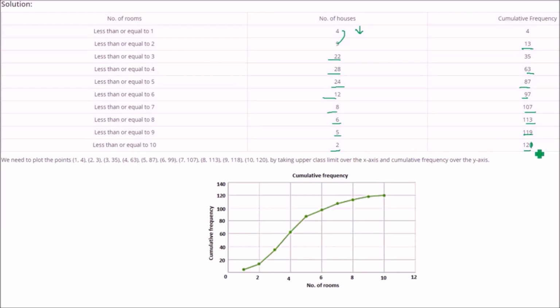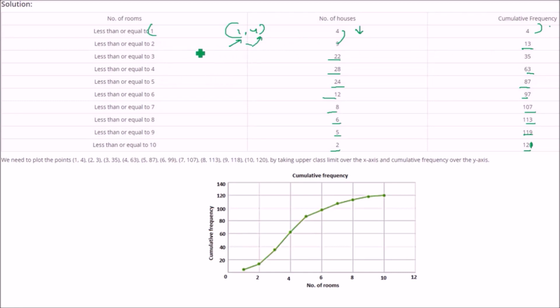We are going to take x and y like this. This is 1, this will be x, and this will be y. This is 4, so 1 and 4 will be our coordinate. We have to plot x and y.